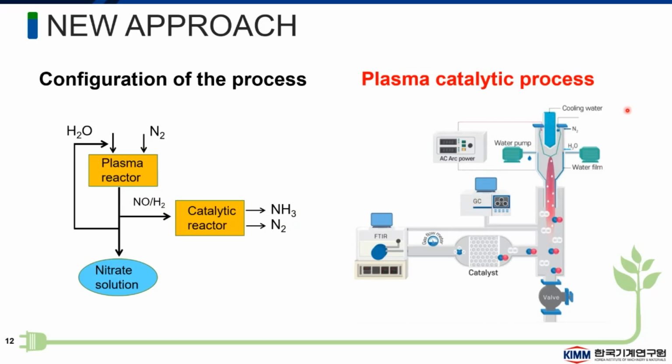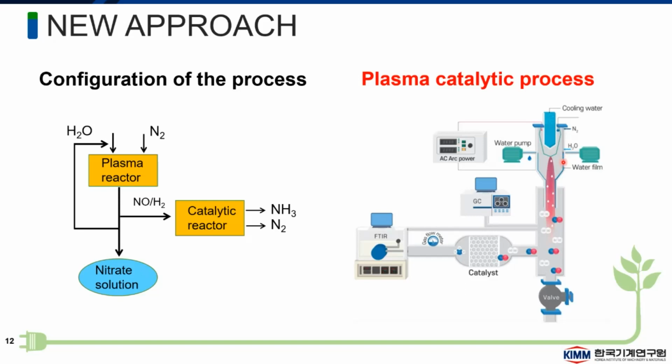So here is our reactor system. This one is the high voltage electrode, and we introduce nitrogen from here in swirling flow, and we introduce water from here in the form of a water film. So the question is why we introduce water in the form of a film. The problem with water is that, due to its conductivity, it always disturbs the discharge condition.